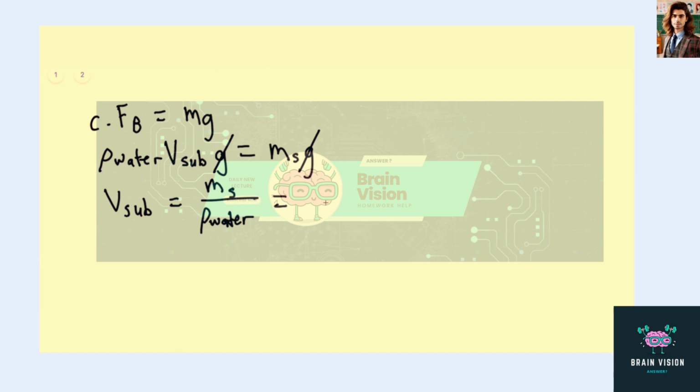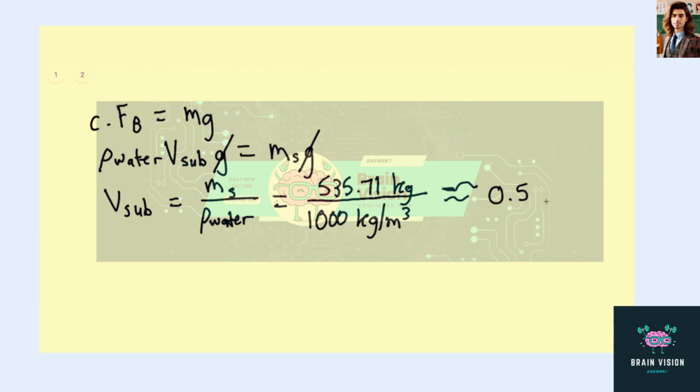Plugging in for our constants, we have 535.71 kilograms divided by 1,000 kilograms per cubic meter. And this is going to approximately equal 0.536 meters cubed.